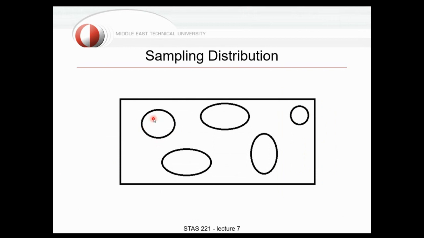If for your class I found X bar 1 is equal to 165 centimeters, maybe in another class I find that the mean of the sample, X bar 2, is equal to 166 centimeters. In another class, a different sample mean. So not only can X have a distribution, X bar, the sample mean, can also have a distribution as well. And that's what we call the sampling distribution.